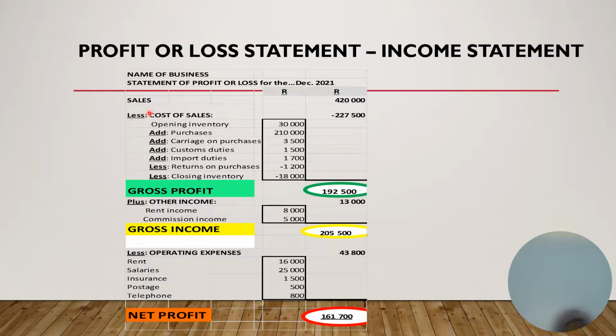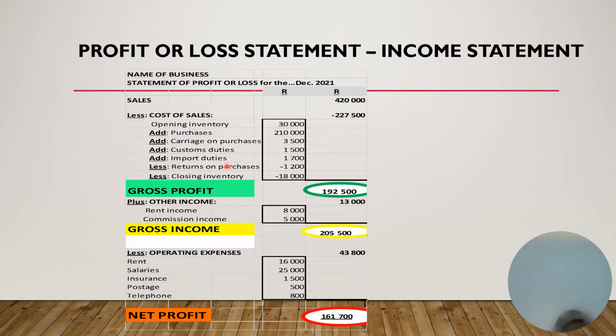So if you can still remember, our sales were 420, and then less cost of sales, which was not given to us. We had to calculate it. We have taken our opening inventory 30,000, purchases 210, carriage on purchases 3.5, and add customs duties 1.5.